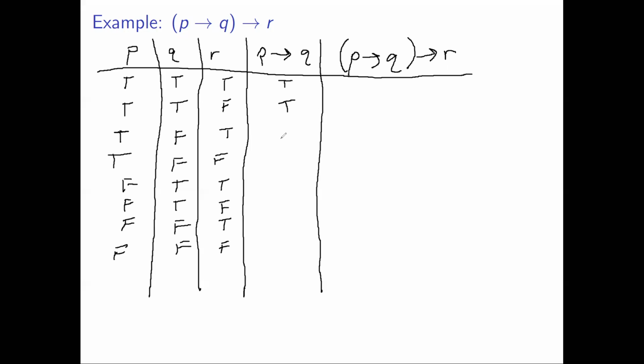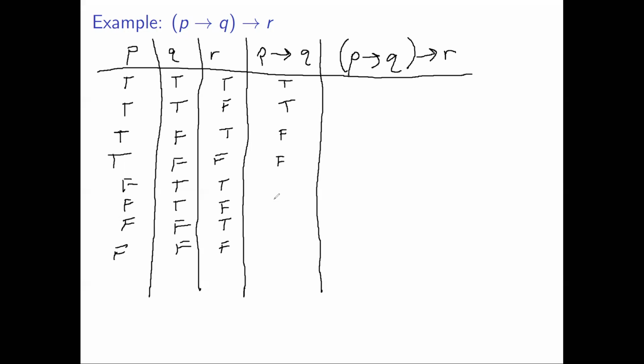Third row, P is true, but Q is false. So the hypothesis is true, but the conclusion is false. Thus, the implication is false. Fourth row, we have the same thing as the third row, so we get false again.